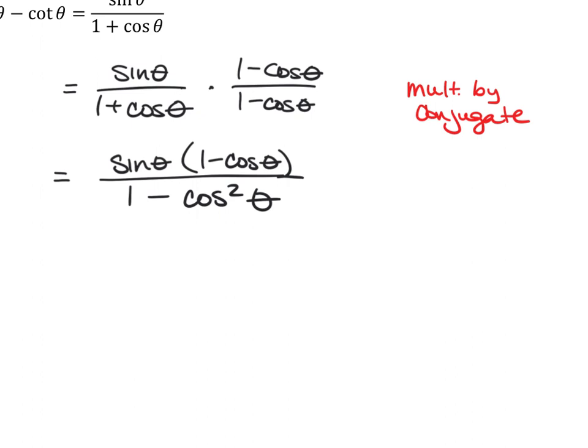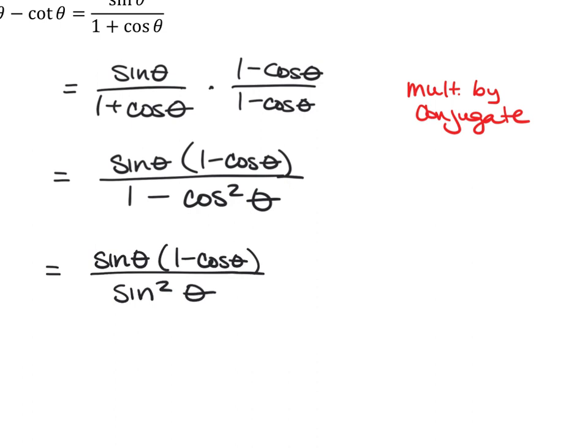Why did we make the denominator look like this in the first place? We want to do Pythagorean identities to eventually cancel. So 1 minus cosine squared of theta, what is that equal to? Sine squared of theta. So I forgot to write my step down here.